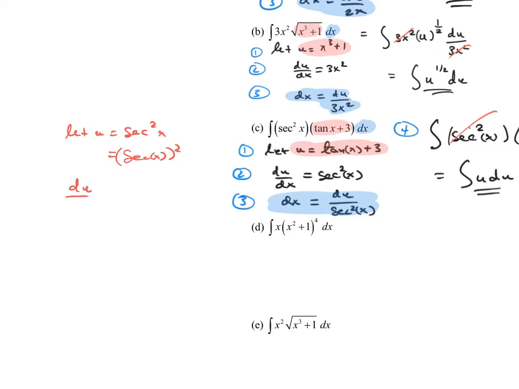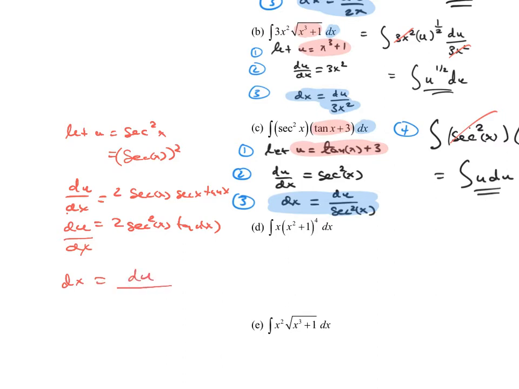So if you wanted to find du dx, you'd actually have to use the chain rule, which would be 2 secant of x, and then you'd have to multiply that times secant x tangent x. And so this would be 2 secant squared of x tangent of x. That's what du dx would be. So then dx would be du over all of that, the 2 secant squared x tangent x.